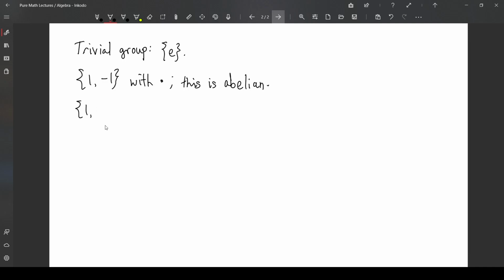Similarly, there is the group {1, i, -1, -i}, where i is the complex square root of -1, so i times i is -1.